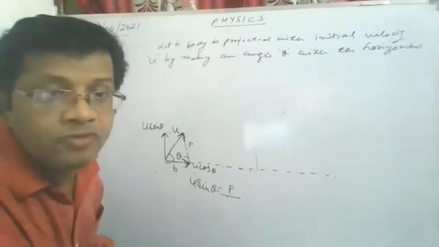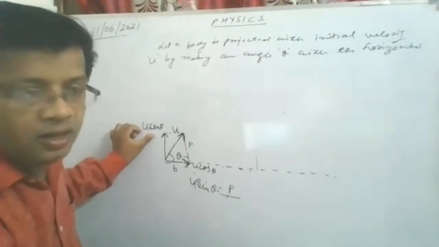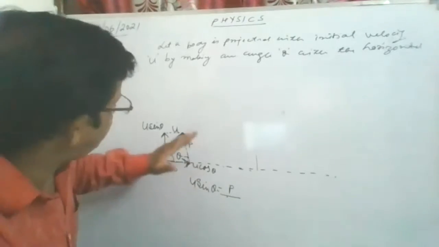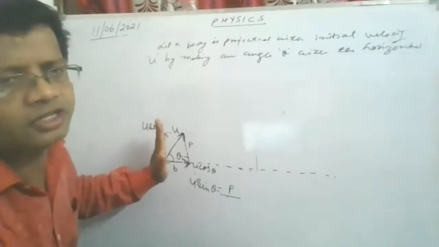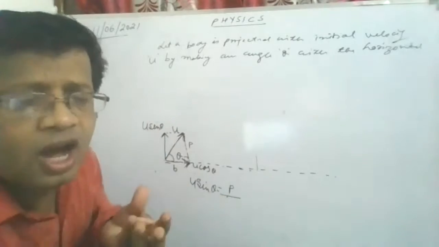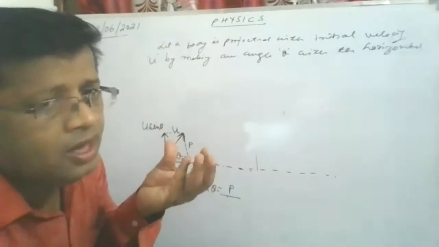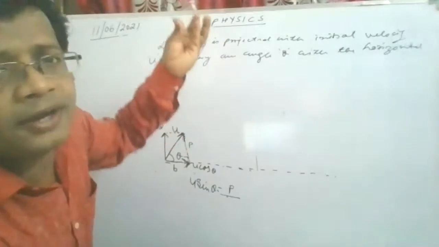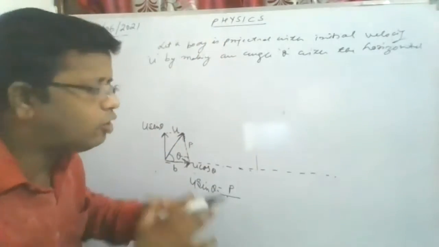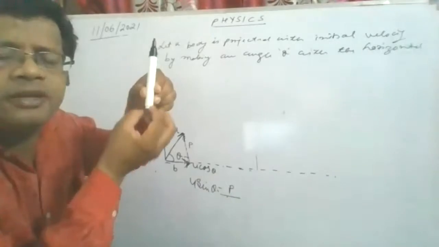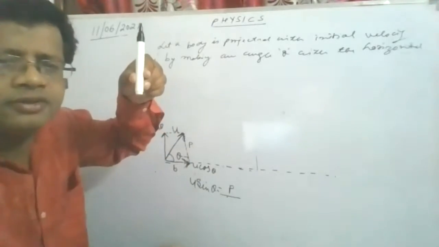Now see here, beta, when we throw any body, let us assume u cos theta is not there. We are throwing the body in the vertically upward direction. So what will happen if we throw a ball just vertically upward? As the ball moves upward, the velocity of the body goes on decreasing because gravity is pulling it backward, downward.